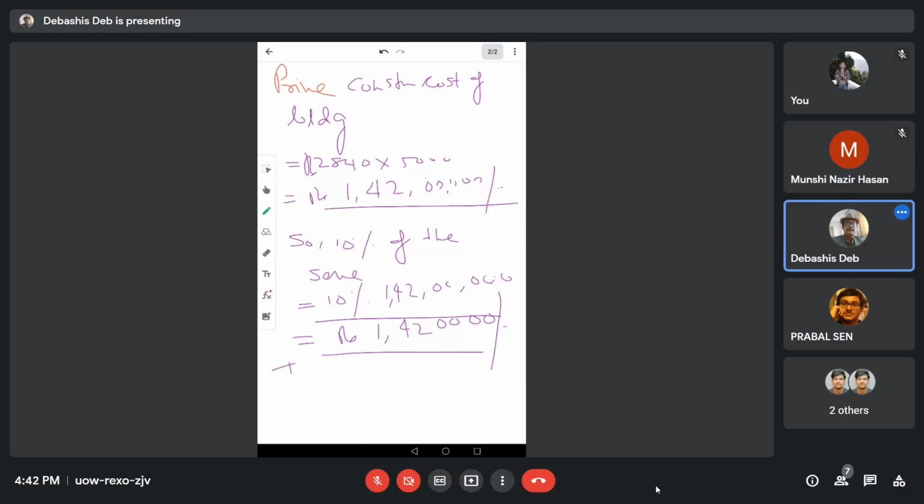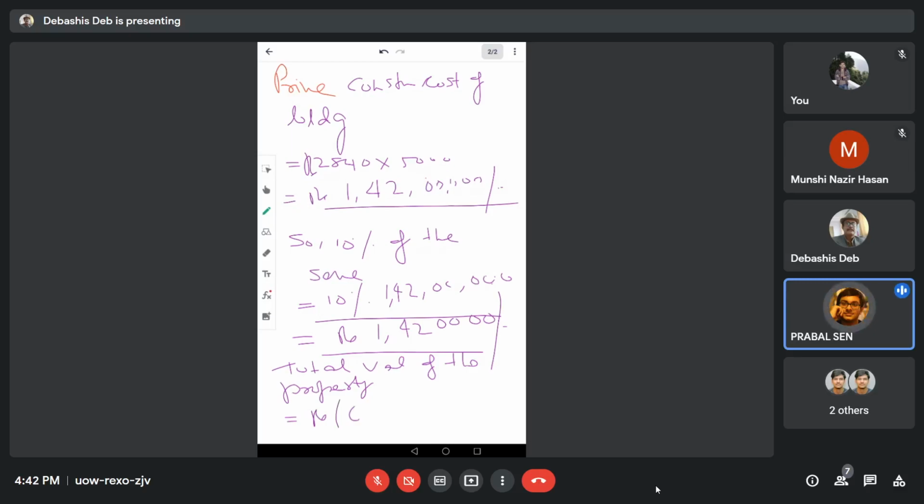Now total value of the property. What is the value of the land? We just calculated 64 lakh something, or 65? 65 lakh, 6510253. 6510253 plus this much, 142000.